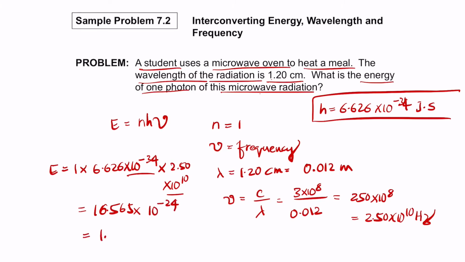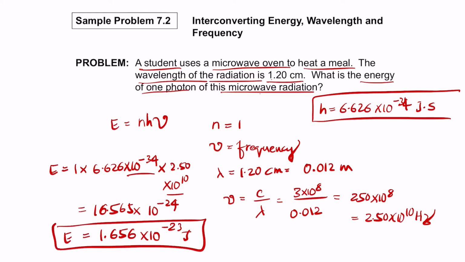So you can write this as 1.656 times 10 to the power of negative 23 joule. So this is the value of energy of that particular particle, one photon of the microwave radiation. This is the amount of energy that each photon carries.